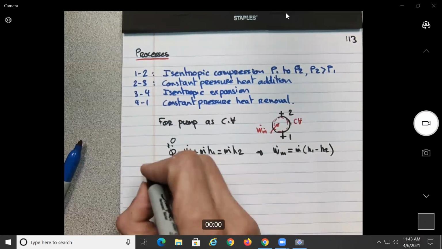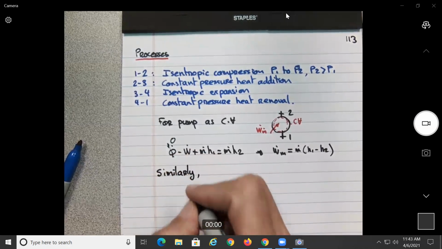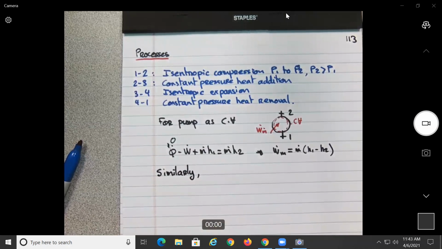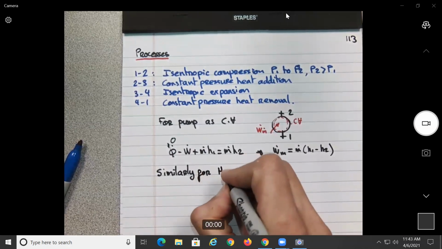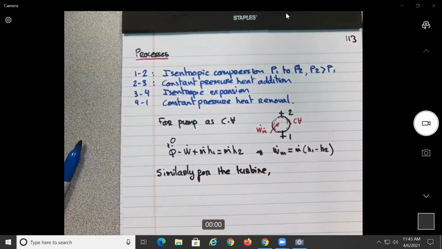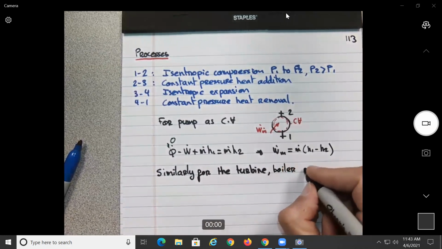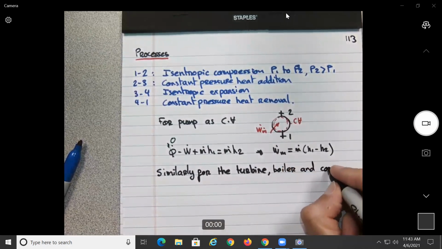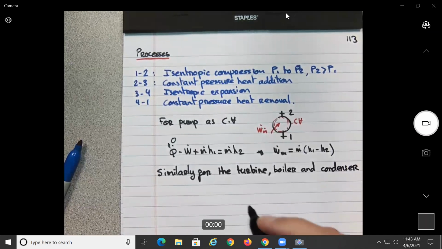Okay, so similarly for the turbine, boiler, and condenser, what are we going to have?